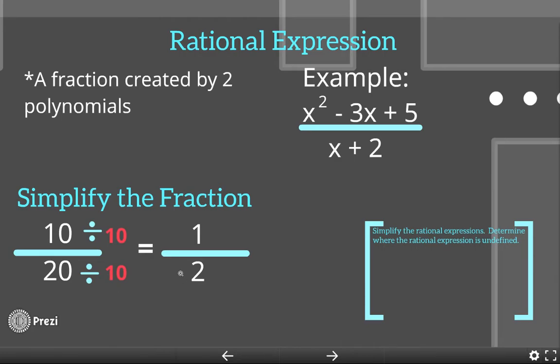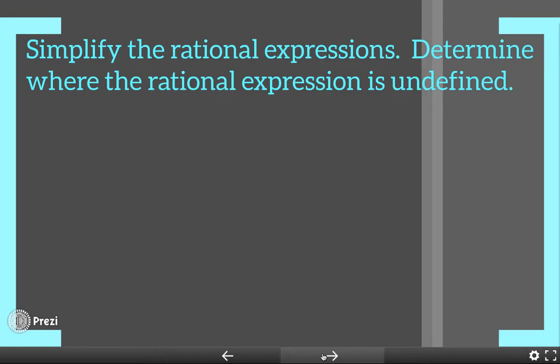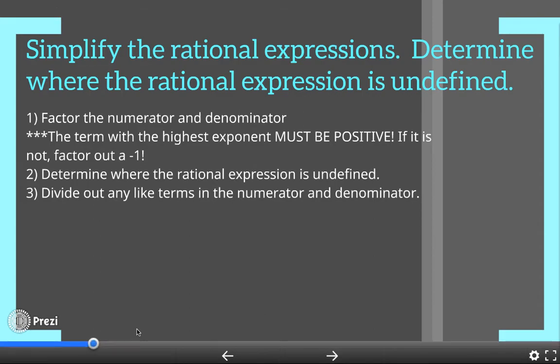The same exact concept can be applied when we have polynomials in the mix. So get excited. We're going to simplify the rational expression and determine where the rational expression is undefined. What we're going to do is factor the numerator and the denominator.